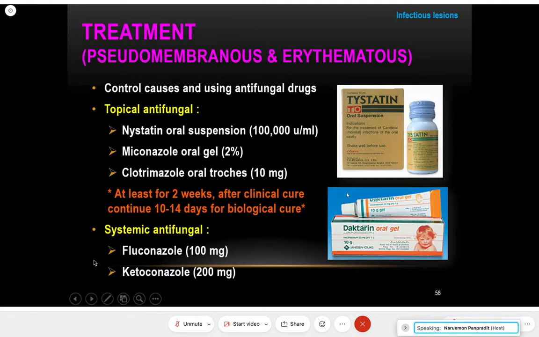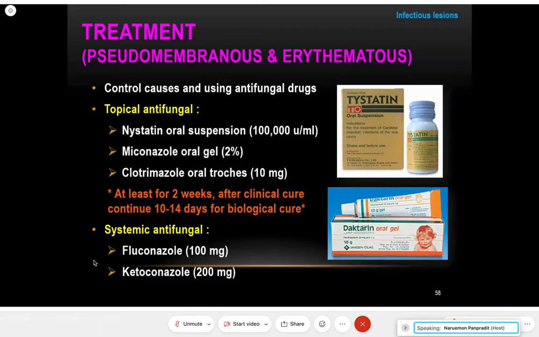For any type of antifungal, for the duration of use you must prescribe at least 2 weeks first and then follow up, because it's difficult to kill the fungus and the fungus penetrates into the epithelium layer, so it takes time to kill it.